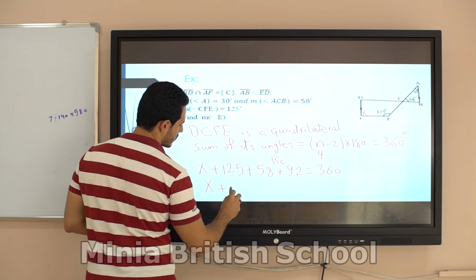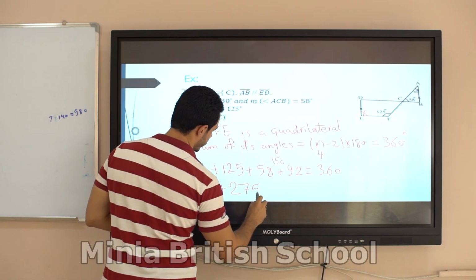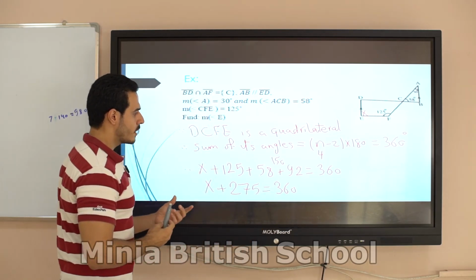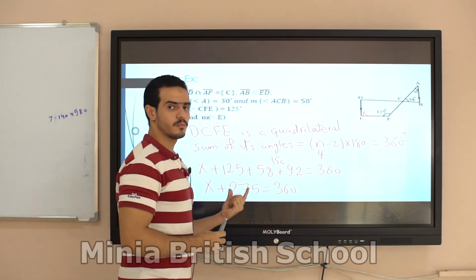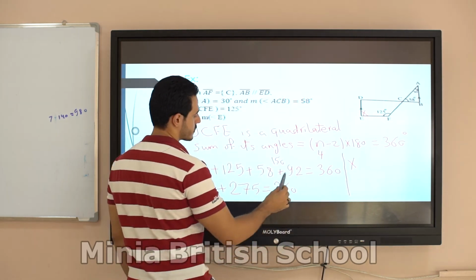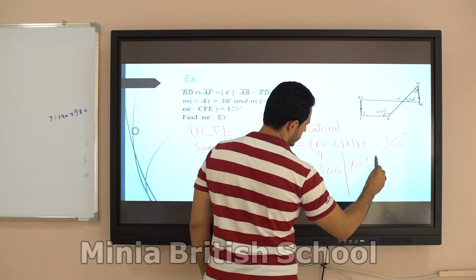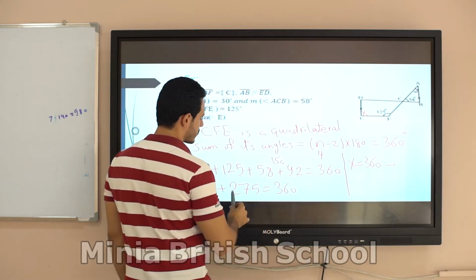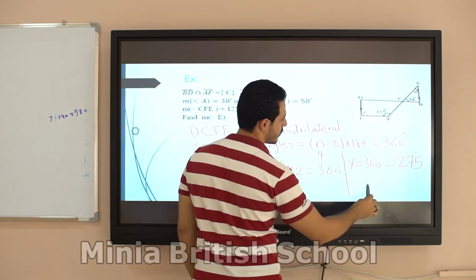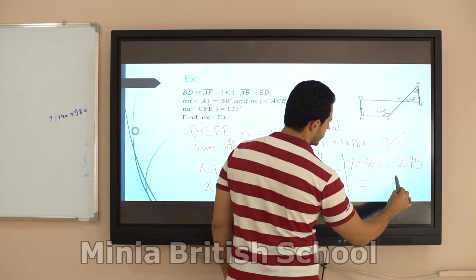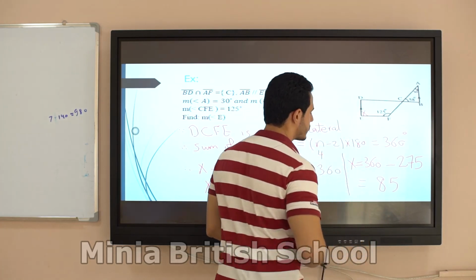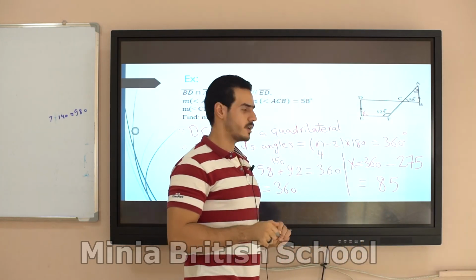So x plus 275 equals 360. Now subtract 275 from both sides. So you will get x equals 360 minus 275, which equals what? It's 85. Okay?